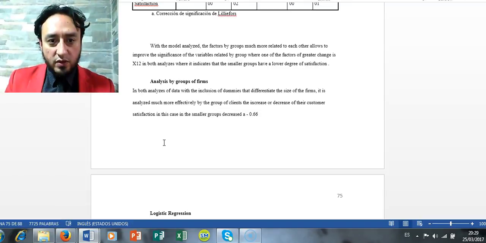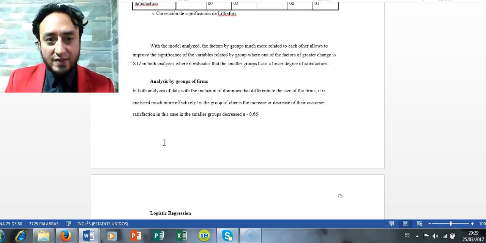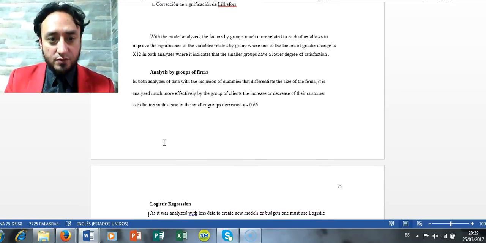Well, with the model, analyzing the factors by groups much more related to each other allows us to improve the significance of the variables related by group, where one of the factors of greater change is x12. In both analyses, the smaller groups have a lower degree of satisfaction.